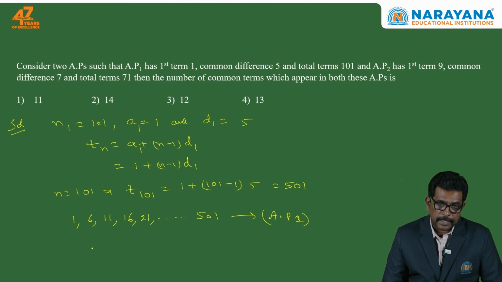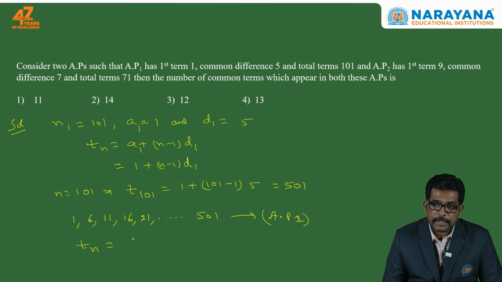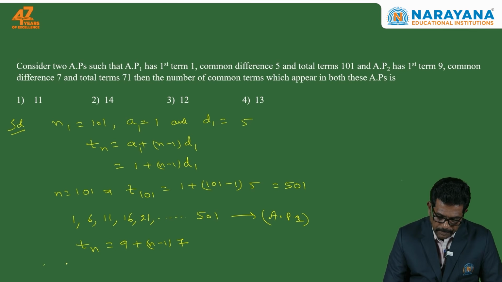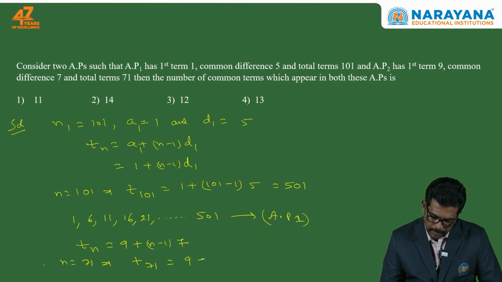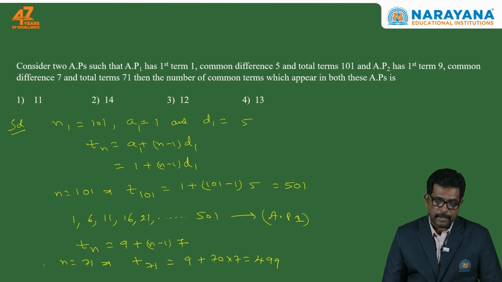Similarly, we are going to write the second AP also. For the second AP, the nth term is 9 plus n minus 1 into the common difference, which is 7. Suppose the sequence has 71 terms, that is, by substituting n is equal to 71, T71 is equal to 9 plus 70 into 7, which is 499. The 71st term is 499.